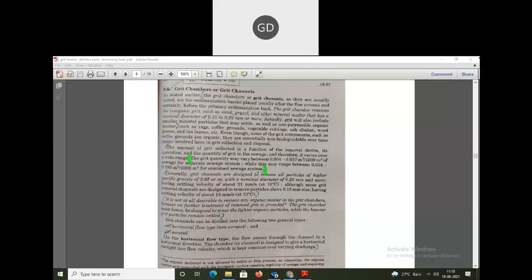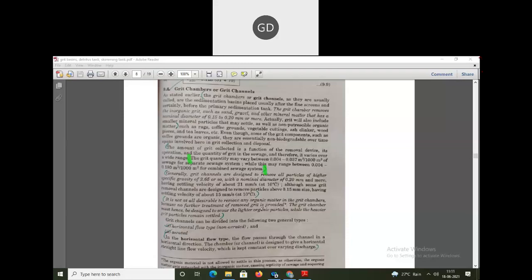Again, these grit chambers or grit channels are designed to remove particles having a specific gravity greater than 2.65. They should have a nominal diameter of 0.20 mm, and a settling velocity of about 21 millimeter per second at 10 degrees Celsius.